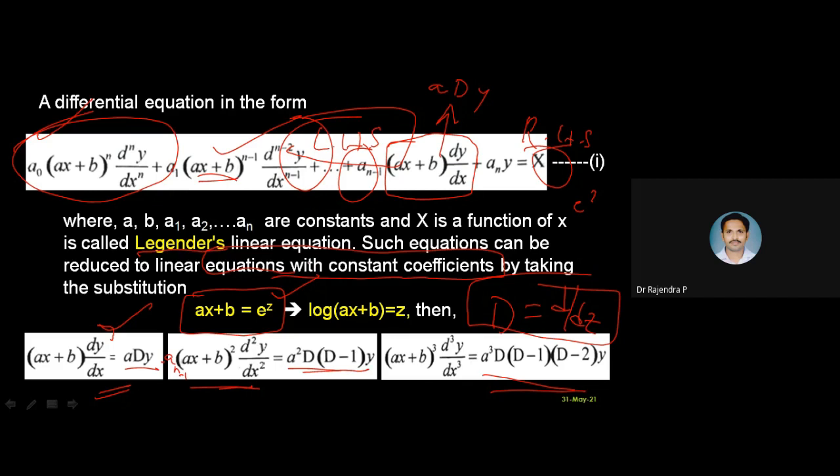That particular differential equation I know how to solve very quickly. This is the whole idea behind this. In this class, we'll concentrate on the Legendre differential equation. Derived from Legendre, there is one more, the Cauchy differential equation, that we'll see in the next class.